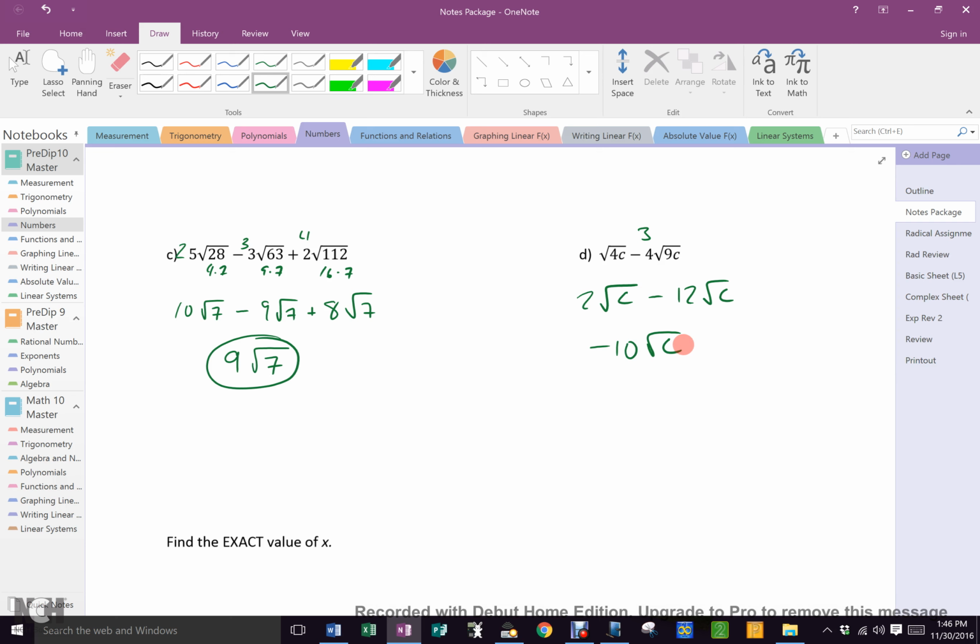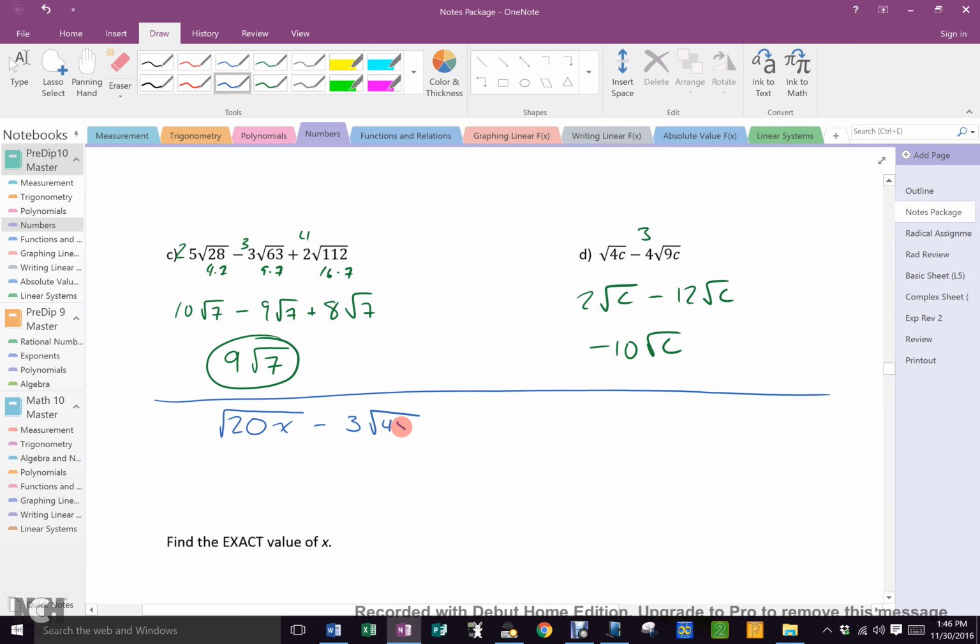Now, one thing I do want to explain to you guys is something like this. What if I gave you this? 20x root 20x minus 3 root 45x.